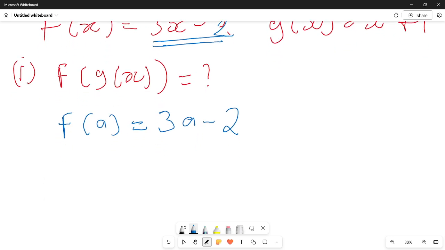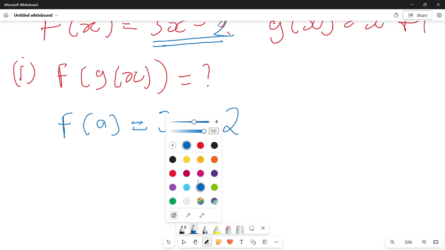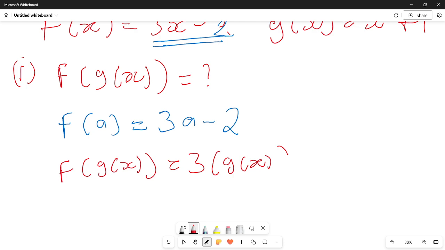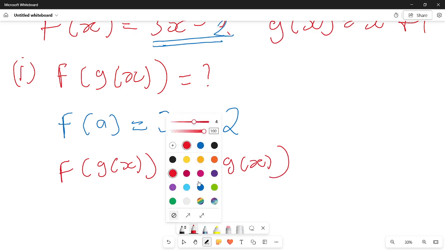Now in the case whereby we have f of g of x, I'm going to have 3 multiplied by g of x.